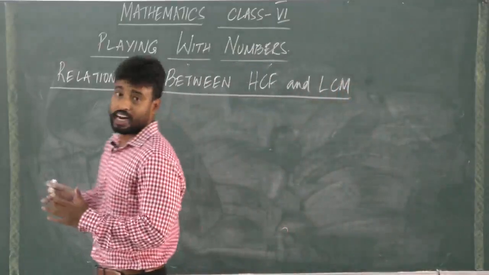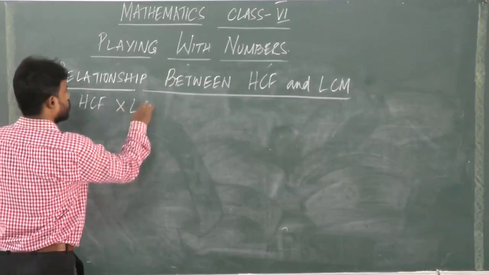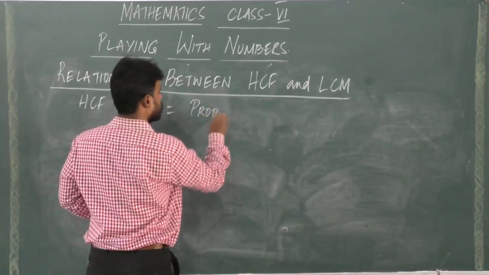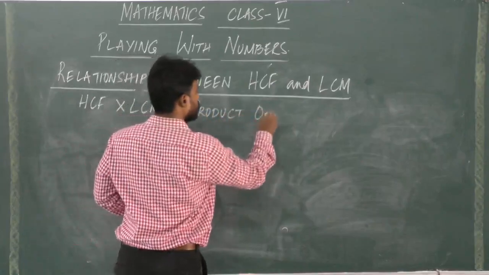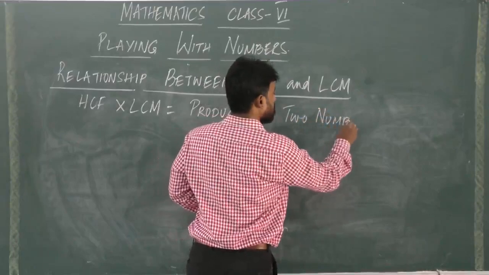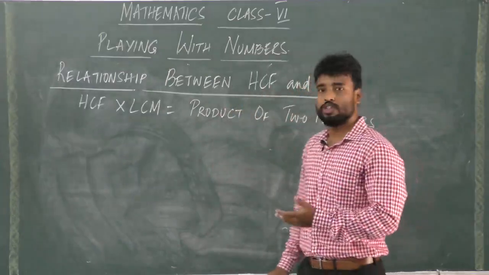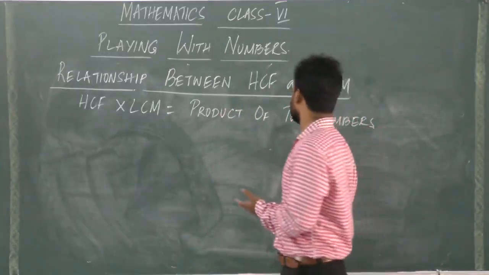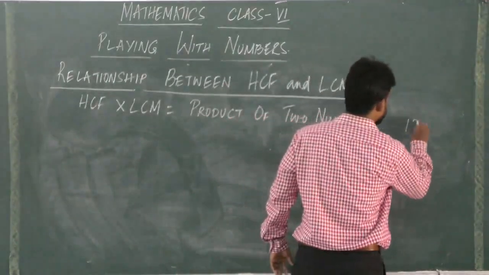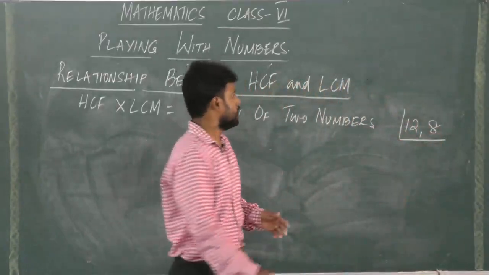Please write down this. So let us take two numbers, 12 and 8 once again. We'll take 12 and 8, and we'll factorize them.